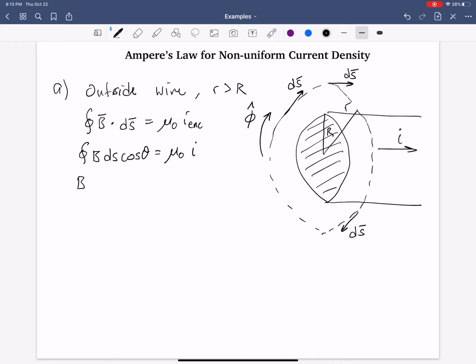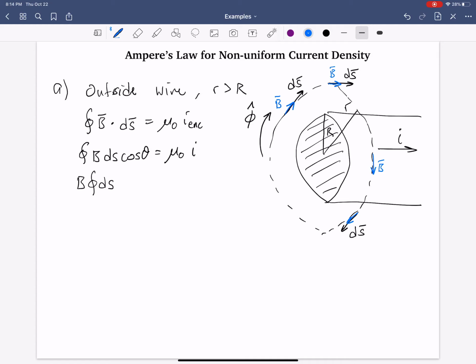But for the left-hand side of this equation, that magnitude of B is constant, so we can pull that out of the integral. In addition, what's the angle in between B and ds, right? The magnetic field is going around the loop. It's going down, down. It's actually going in the same direction as the ds is at every point along this Amperian loop, right?